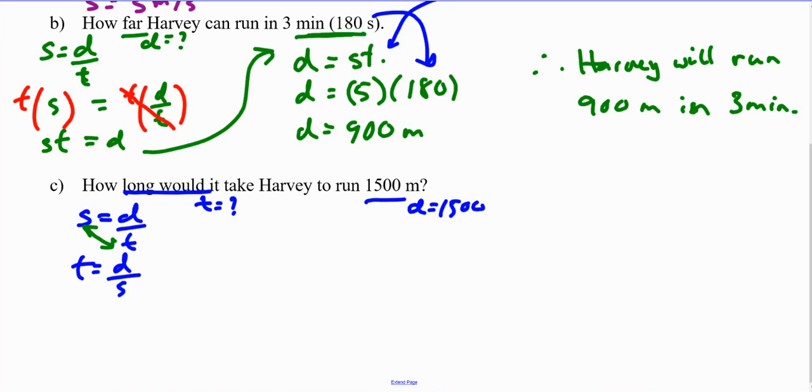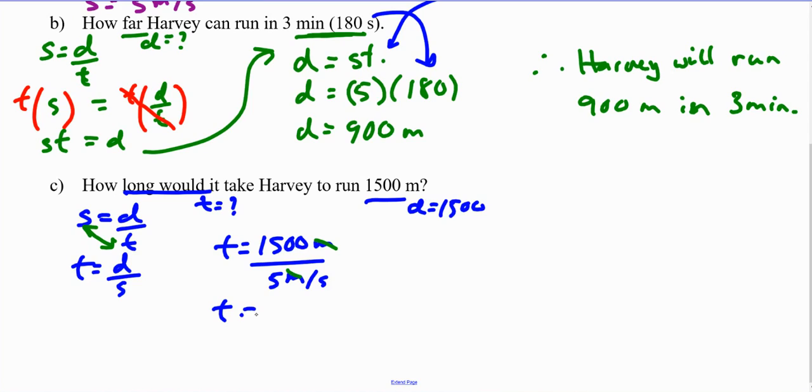All right, so if we do that, then time equals the distance of 1,500 meters divided by the speed, which we had from before, 5 meters per second. Of course, when we reduce that, the m's cancel out, so we're left with just seconds.